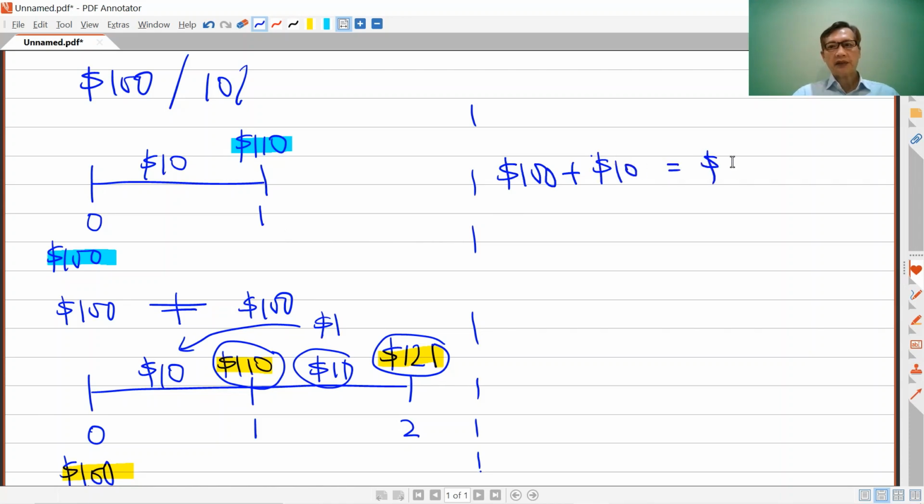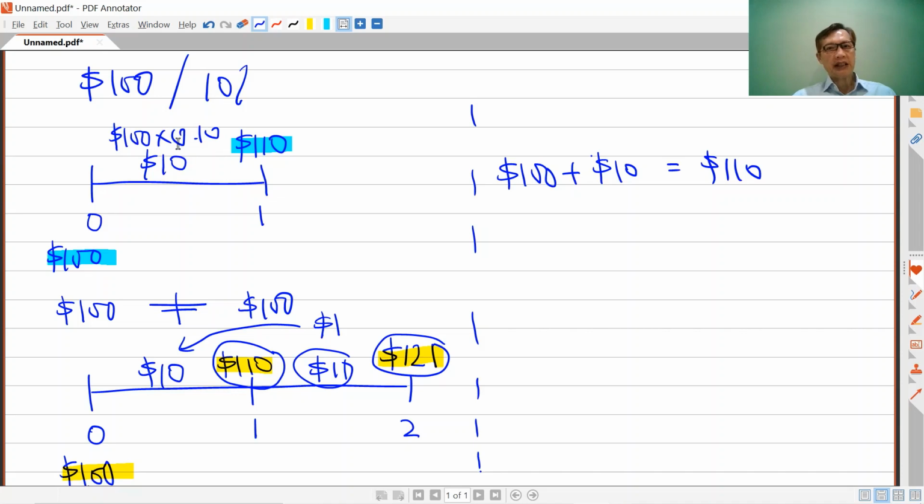That's where you have 110. And let's look at this figure here, $10. This $10 actually is the $100 multiplied by the 10%. You have to change it to a decimal when you do the calculation.